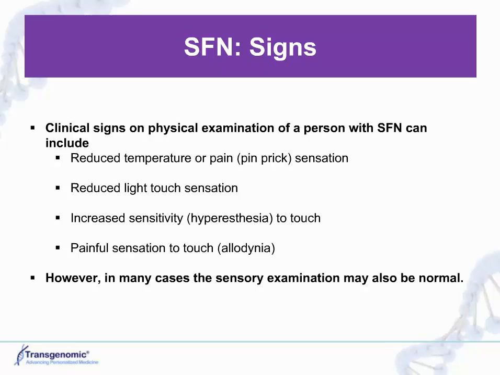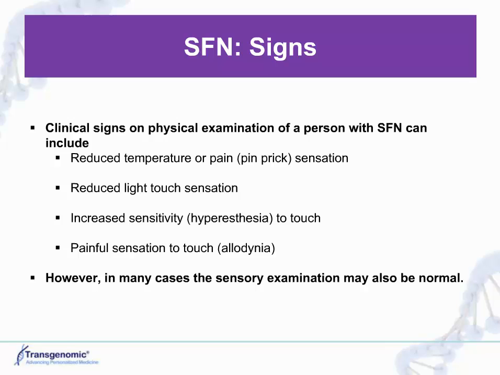On physical examination, overall small fiber neuropathy tends to have many fewer findings compared to other types of neuropathy. However, clinical signs on physical examination of a person with small fiber neuropathy can potentially include reduced temperature or pain sensation, such as might be tested with a pin or other sharp object, reduced light touch sensation, increased sensitivity to touch, which is known as hyperesthesia, or painful sensation to a light touch, which is known as allodynia.